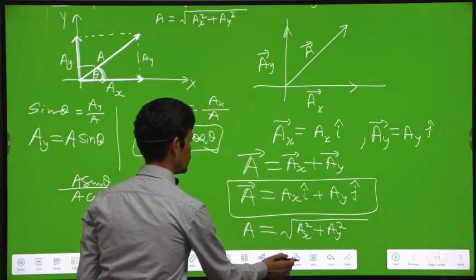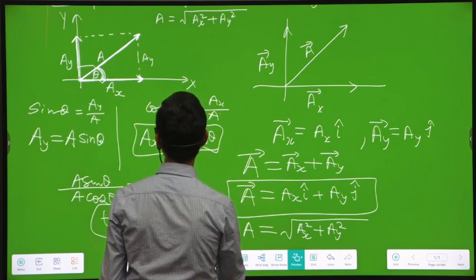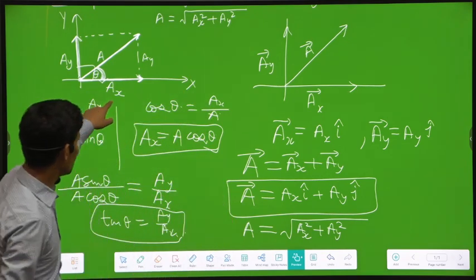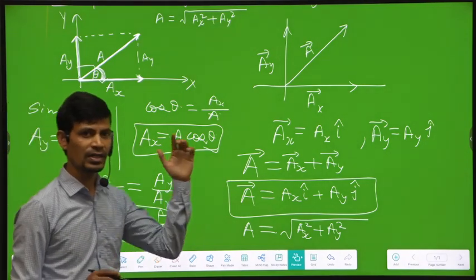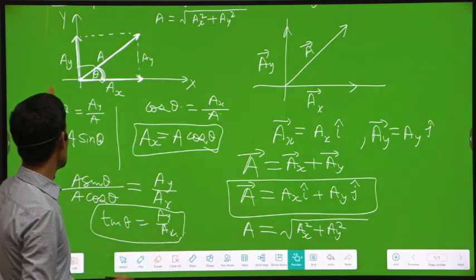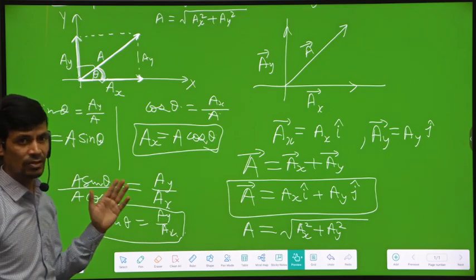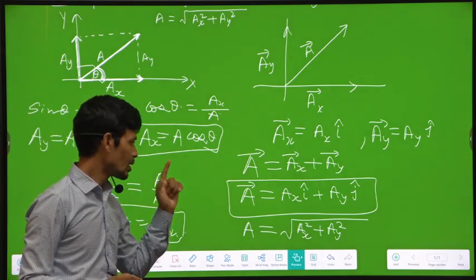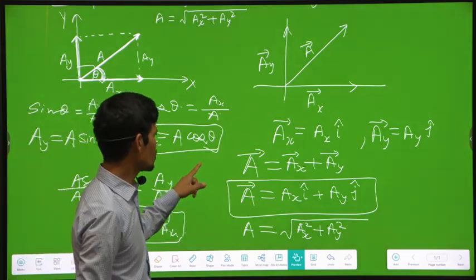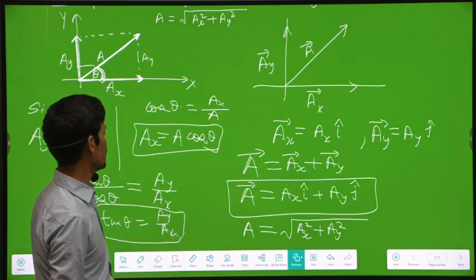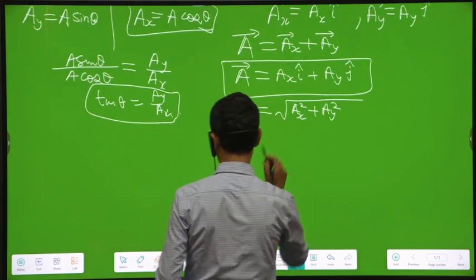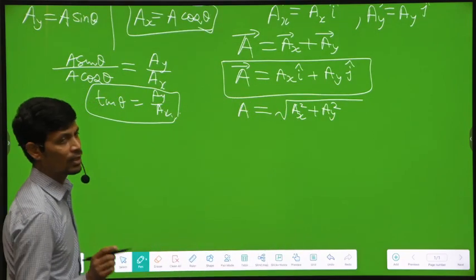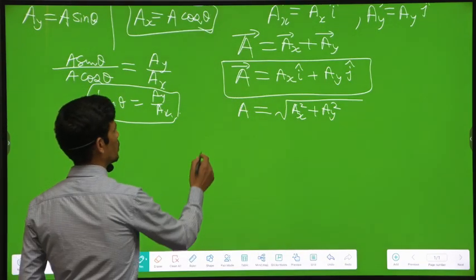And now we know that component ax is along x-axis, so its unit vector is i cap. Component ay is along y-axis, so its unit vector is j cap. But what is the direction of vector a? In order to find the direction of vector a, we will find the unit vector associated with vector a.